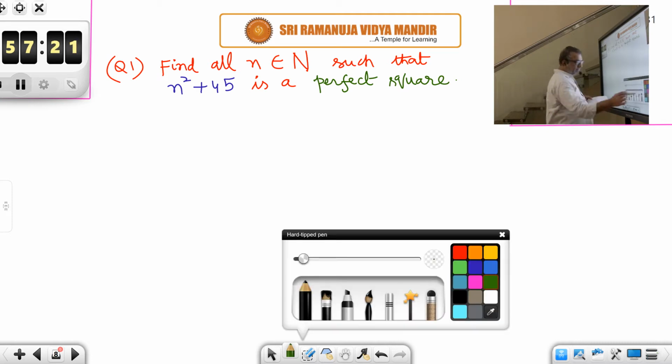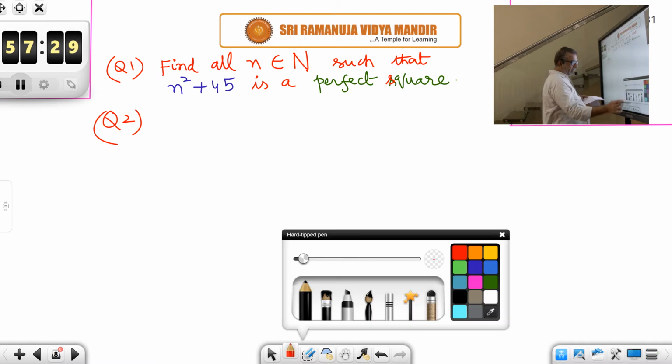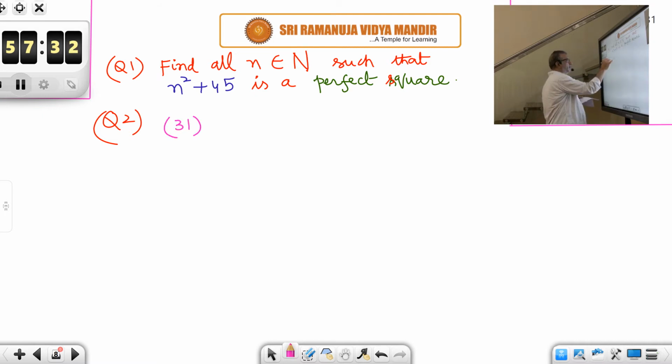Question number 2. 31 power 11, comma, 17 power 14.